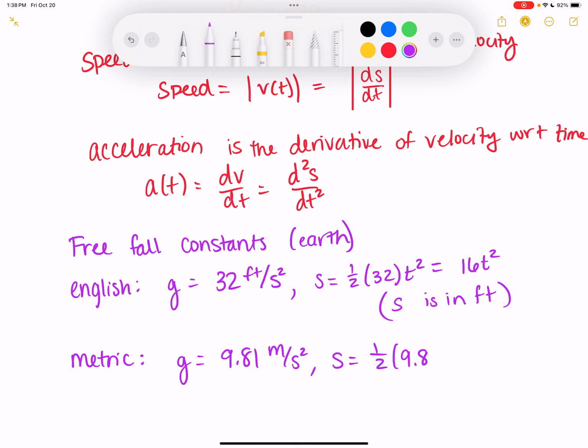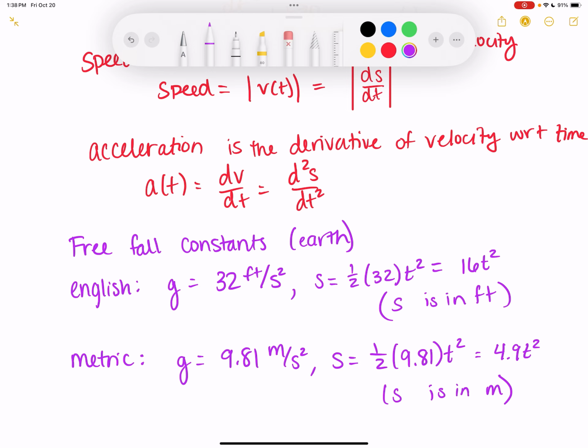Now, your book is going to use 9.8 instead of 9.81, but to keep consistency with physics so you don't get confused, let's do 9.81, and then t squared is equal to, and I'm just going to round it, 4.9 t squared, and this is for S in meters.